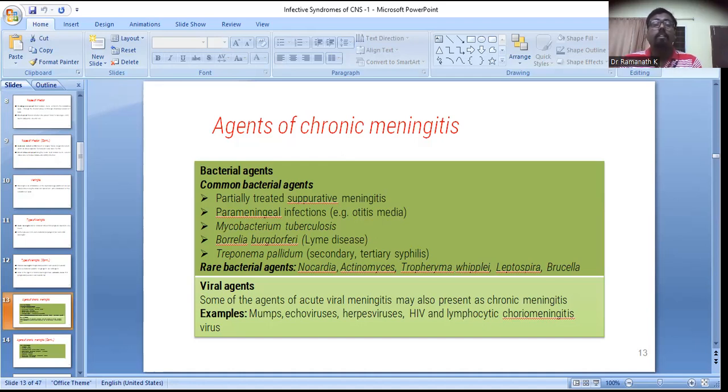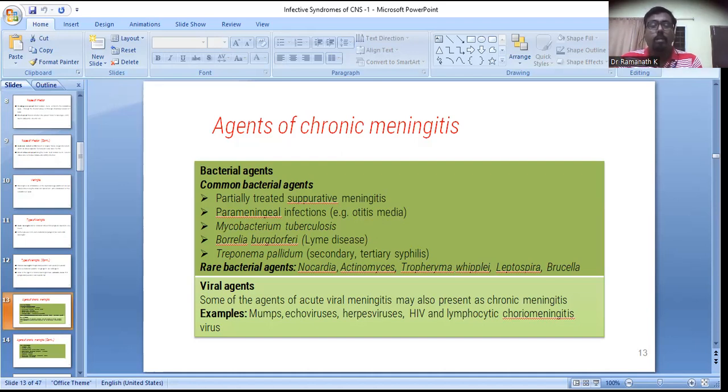You can get chronic meningitis. Rare bacterial agents include Nocardia, Actinomyces, Tropheryma whipplei, and Leptospira. Even Brucella also can rarely produce this chronic meningitis.